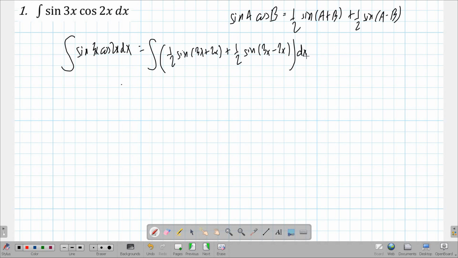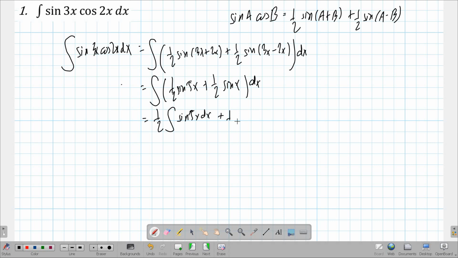From there, we can now evaluate this. Let's first combine our arguments. So we're going to have the integral of 1/2 sine 5x plus 1/2 sine x dx. We now separate the integrals: 1/2 the integral of sine 5x dx plus 1/2 integral of sine x dx, which are easy to integrate.